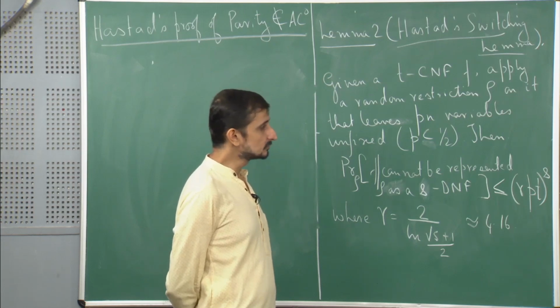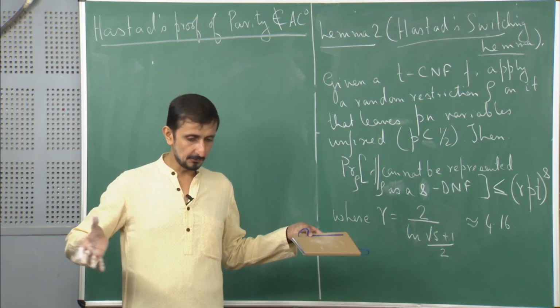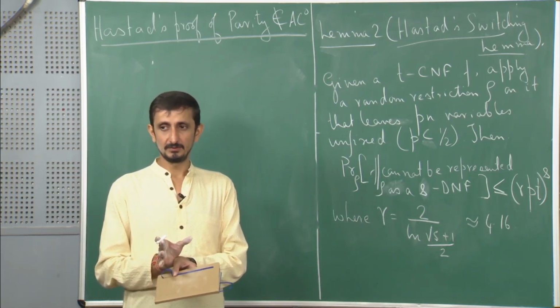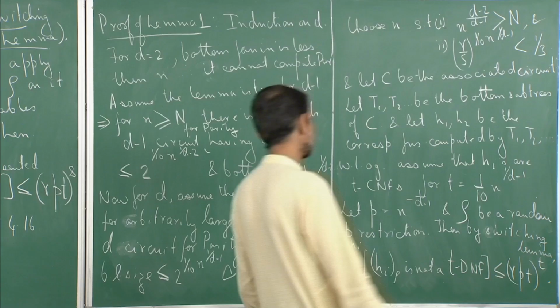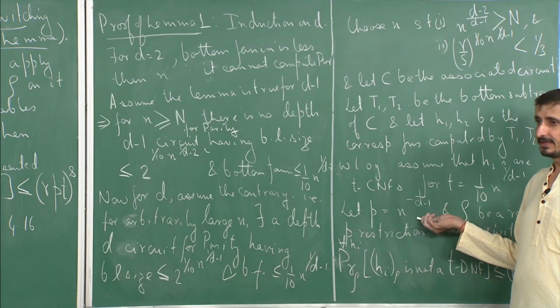The reason why we choose those parameters is because finally we want the probability calculation to be bounded by something. So here I have already chosen my parameters: I have chosen t to be this quantity and I have chosen p to be this quantity.